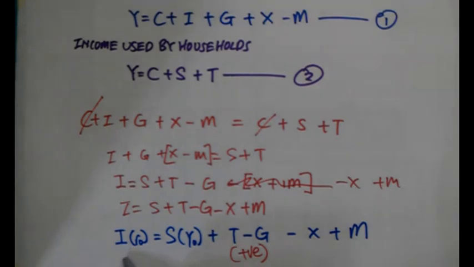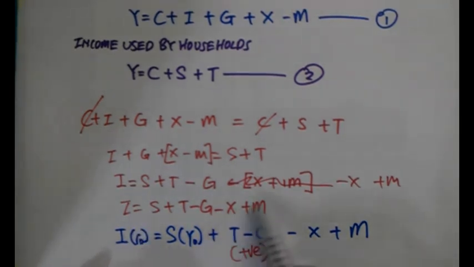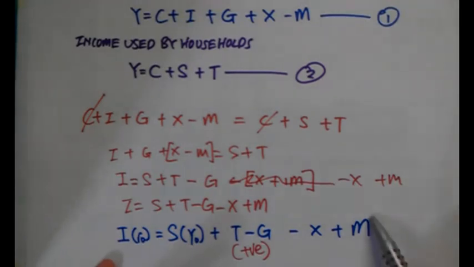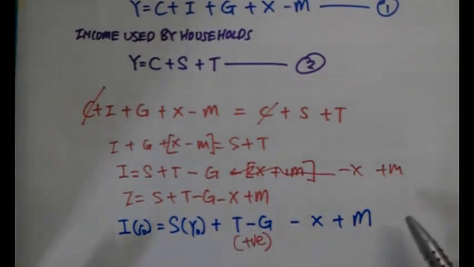Now, similarly for this part, if let's say interest rates increase, when interest rates increase, investments will fall. When this falls, this whole thing on the right hand side will fall too. But it depends on which component it is exactly. So this is how to use the capital formation equation.